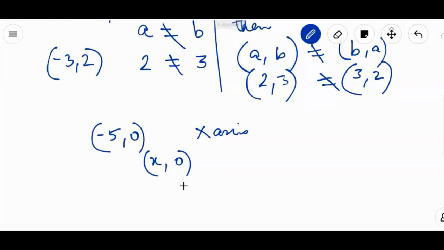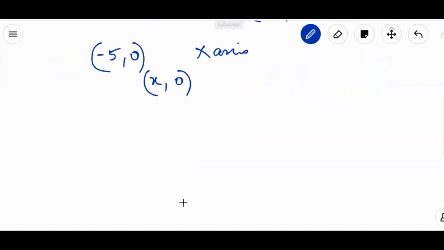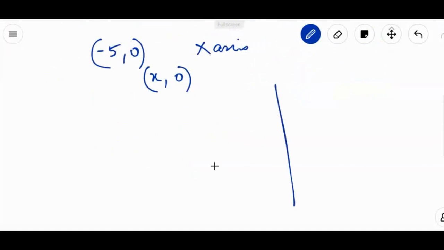Question number 5. Now it says here, plot the point P 4 comma minus 6 and draw PM and PN perpendicular to x-axis and y-axis respectively. Write the coordinates of the points M and N. So you can draw simple axes here, and it says take the point 4 comma minus 6.